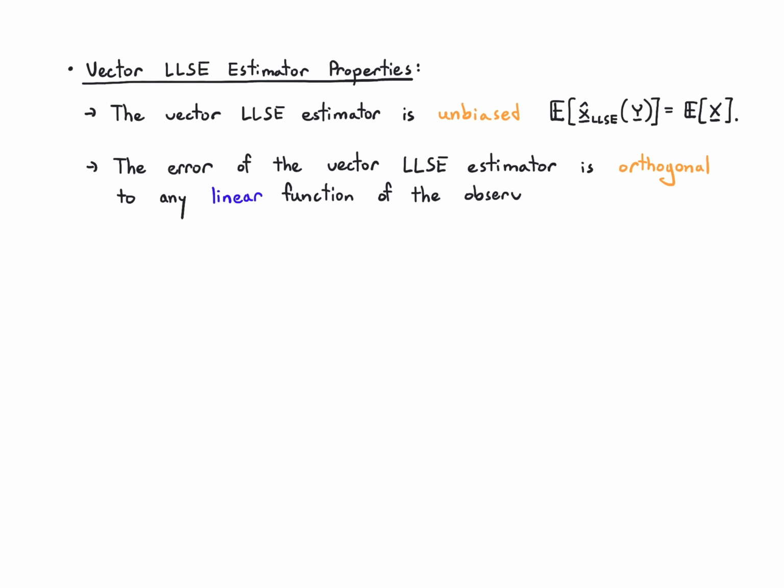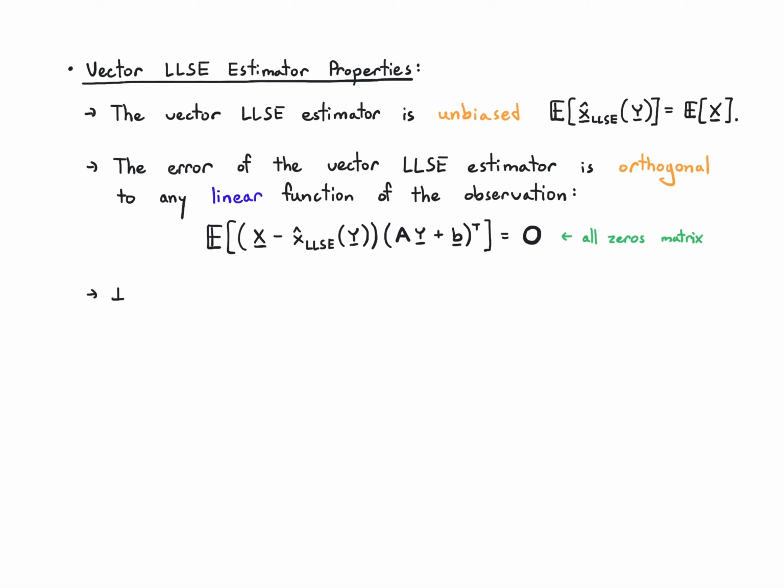If I take the error, which is x minus x hat, multiply by any linear function and take the transpose so that the multiplication makes sense, I'll get the all zeros matrix. This will actually spit out many, many terms if you write it out, which we're not going to do here, but all of those would be on average 0. This is probably a little bit outside our scope, but I'm just listing it so you see that it has the same kind of properties.